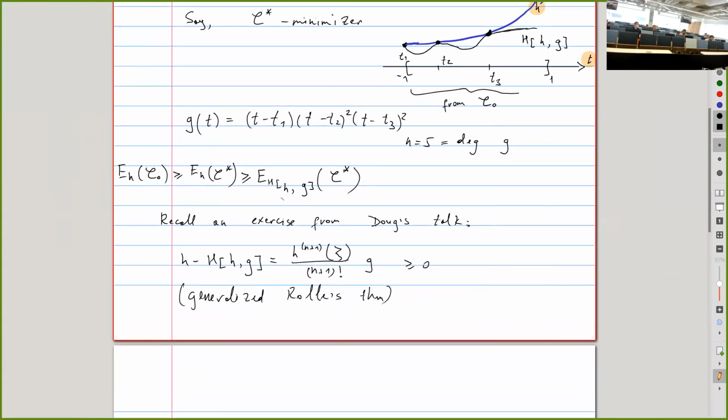So you will need several non-negative derivatives, as many as the number of conditions, which is the number of derivatives plus 1, or minus 1, depending on which one you're looking at.